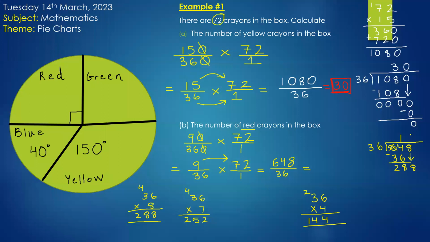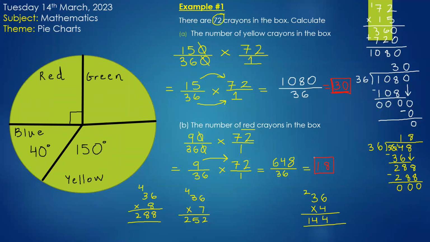So 36 times 8 is 288. So 8 minus 8 is 0, 2 minus 2 is 0. So the answer for this one is going to be what? 18. Good. So there are 18 red crayons in the box.